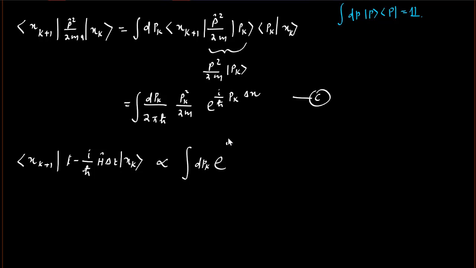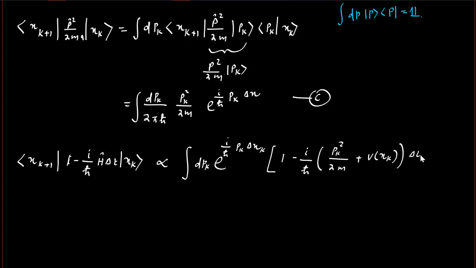So I can write e to the power i by h cross p delta x, times the bracket 1 minus i by h cross, bracket p squared by 2m plus this potential, which is a function of position, times delta t, right?